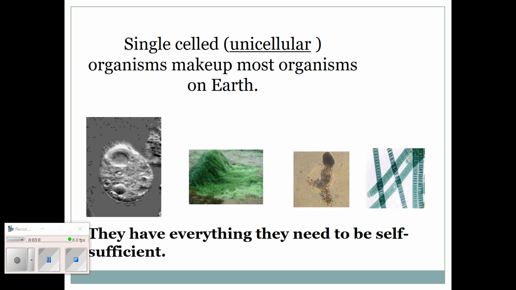However, bacteria, which are unicellular, cover most of the earth. They are found on lots of different surfaces. You can find bacteria inside of you in your intestines. You can also find lots of bacteria in other places on the earth.